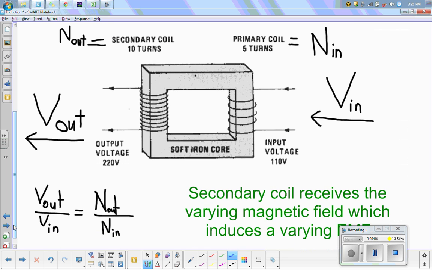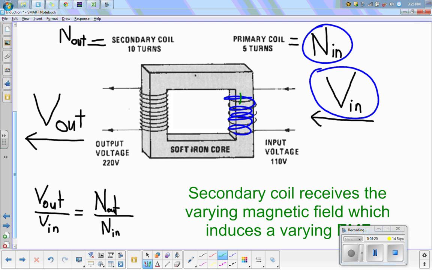We have some incoming voltage into my transformer. This incoming voltage goes around a certain number of coils. So I create a very strong magnetic field. That magnetic field flows through this magnetic but non-electrical material. That magnetic field flows through here, inducts a second magnetic field in this second coil with a different number of turns.